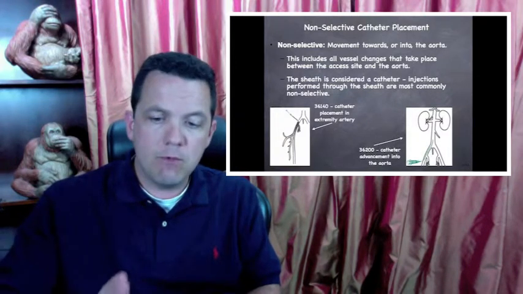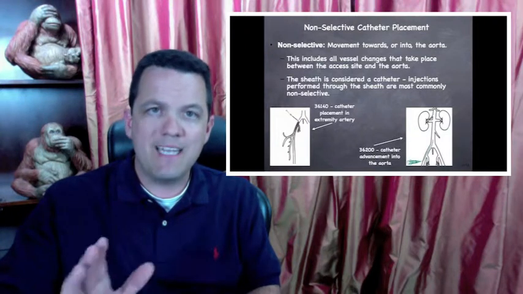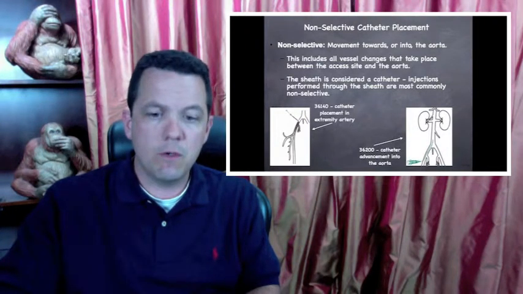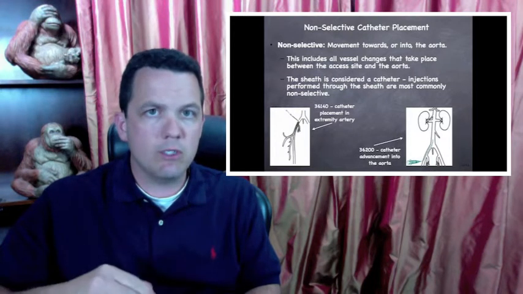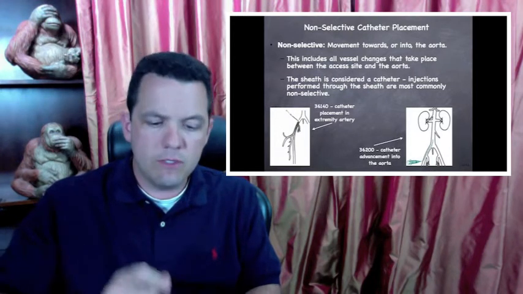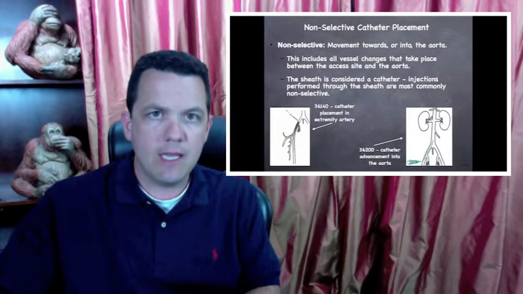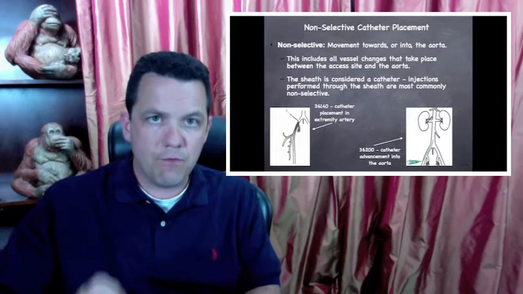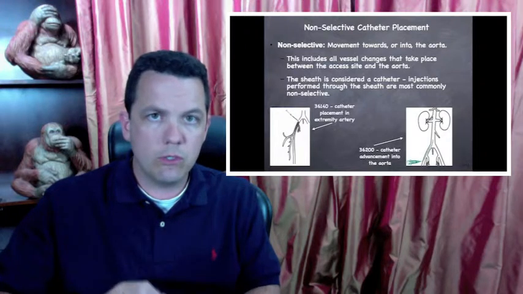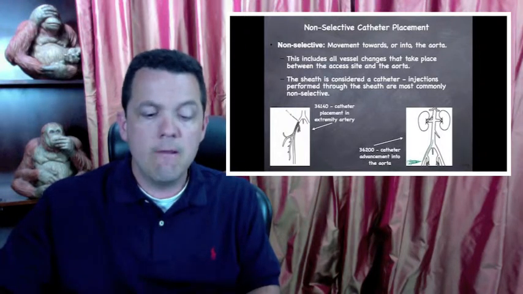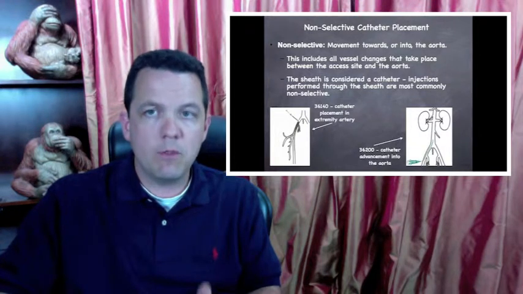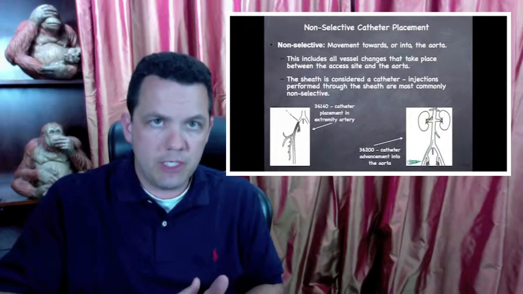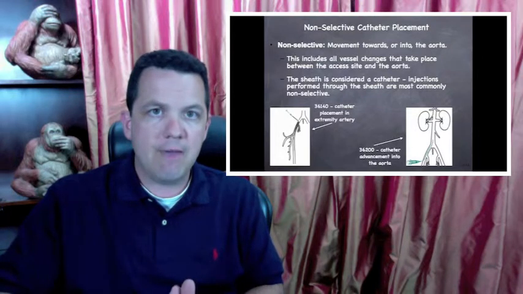As he moves the catheter towards the aorta, it stays at code 36140 until he crosses that invisible line that separates the right lower extremity from the aorta. As soon as the tip of the catheter crosses that line, the code changes from 36140 to 36200. The 36140 is no longer separately reportable, even if the doctor were to do a sheath shot and then move the catheter into the aorta.